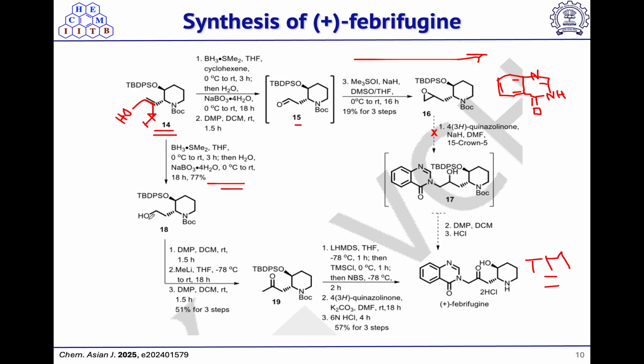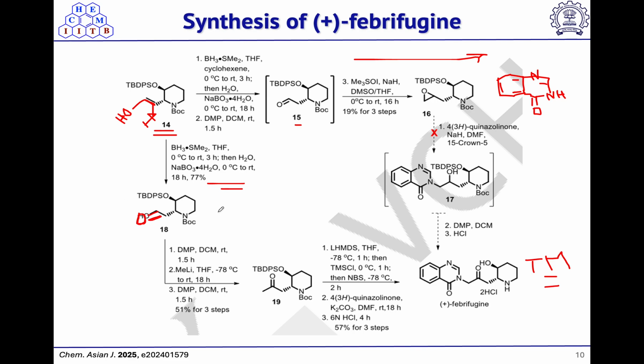Now basically this aldehyde will form. Okay, so this carbon aldehyde will form. So now, in the second step, methyl lithium they are adding. Okay, so methyl lithium means methyl minus nucleophile.